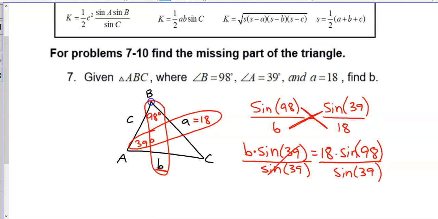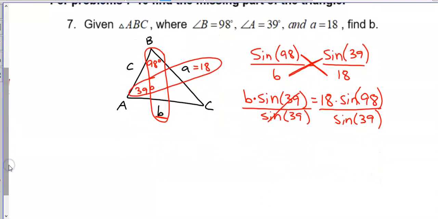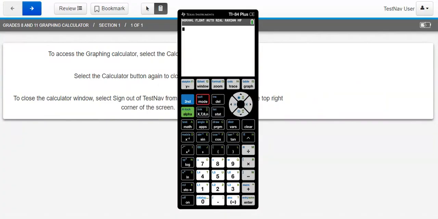And then in our calculators, we want to type in that whole thing there. So 18 times sine of 98 divided by sine of 39. To do that, first, if you're using the TI calculator, you're going to want to make sure that you're in the right mode. Well, regardless of which calculator you're using, you want to be in the right mode, so I'm going to turn it into degrees. And then to get a fraction to pull up on the TI calculator, you can hit alpha, y equals enter.